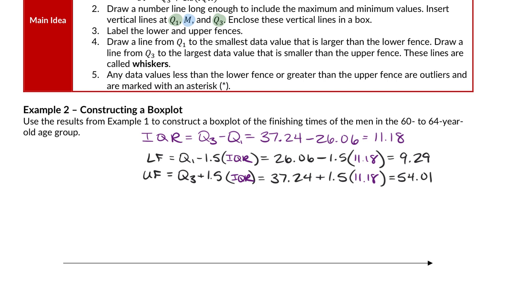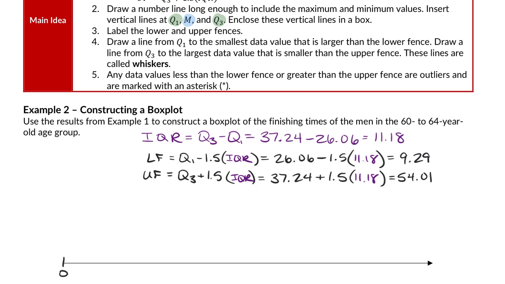What's our lowest number or our minimum value? 19.95. And then our lower fence is what number? 9.25. So we need to make sure our number line goes from either the lowest of the lower fence or the minimum. So honestly, I'm just going to start this at 0 because 9 is not too far off from 0.